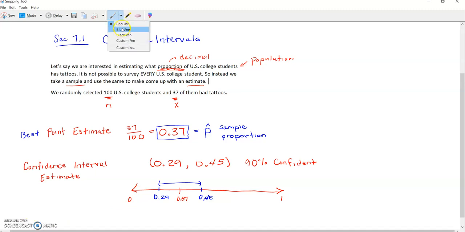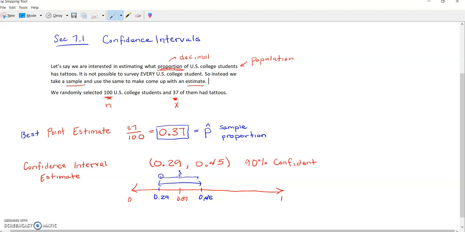Okay, so the range is determined based on something called the margin of error. The margin of error is the distance from the middle, which remember is our sample proportion p hat. The margin of error is the distance from p hat to each end of our interval.